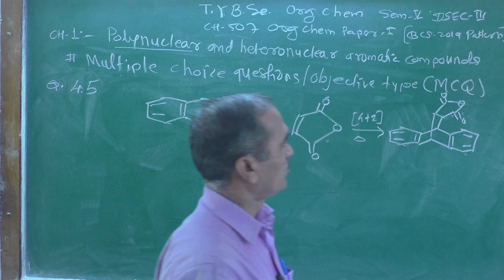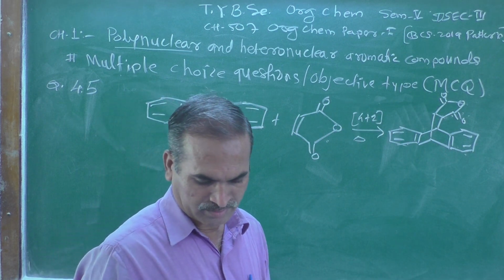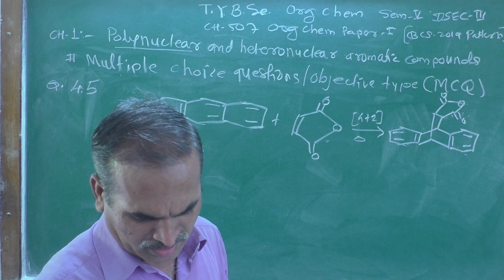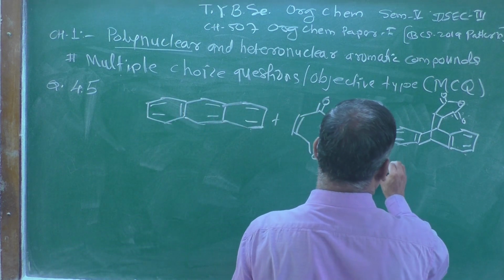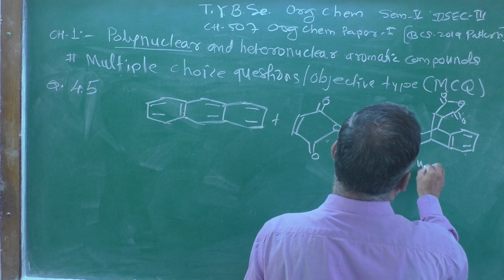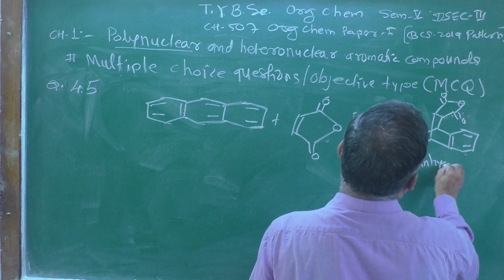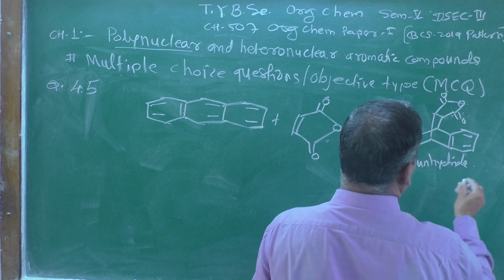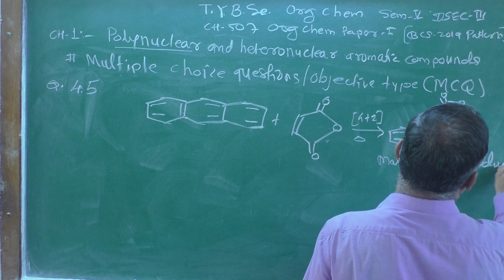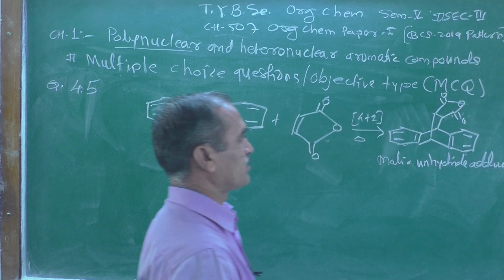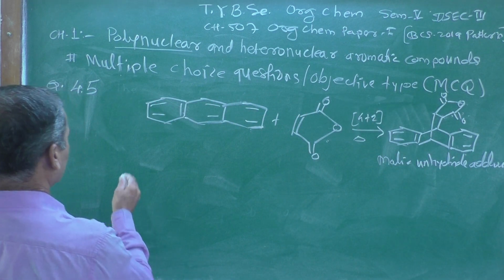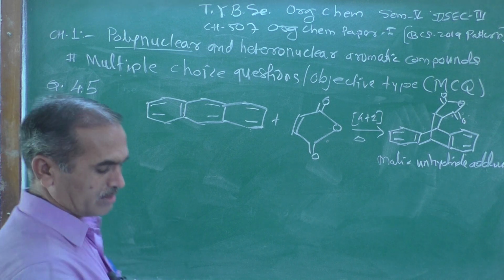This type of maleic anhydride adduct is given. Adduct means product. The product is given, and the options are like this.